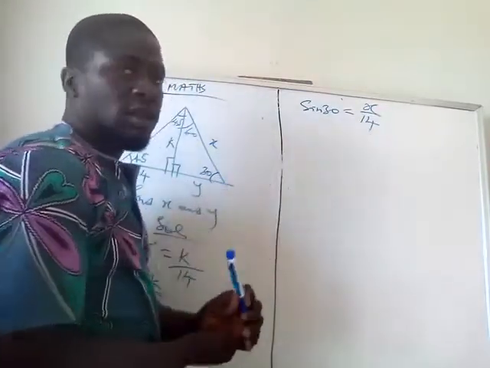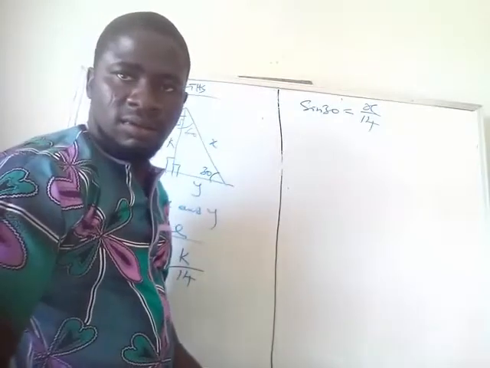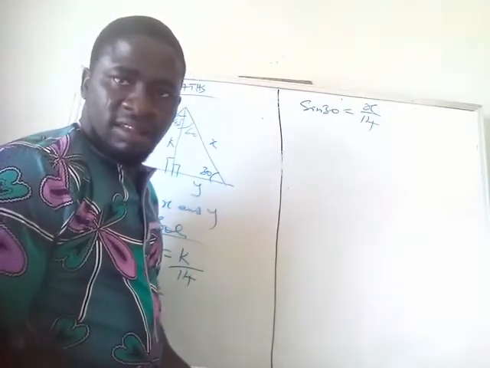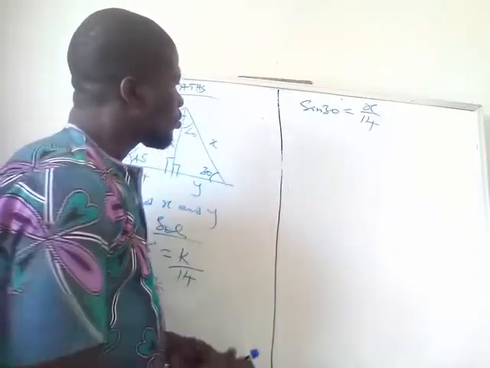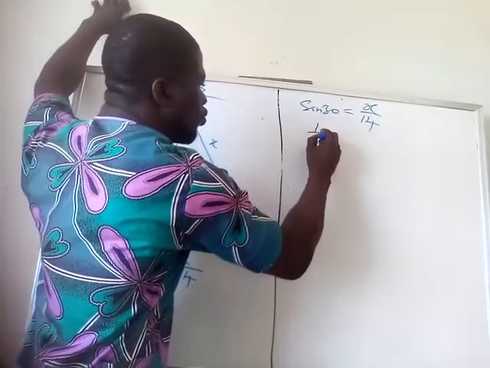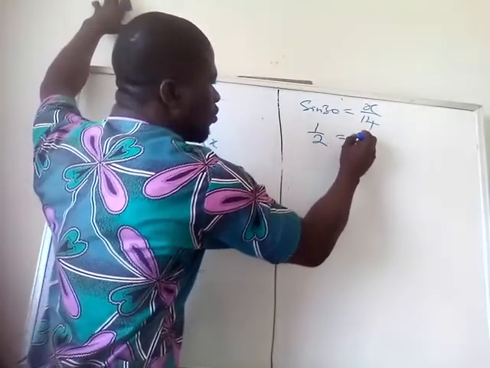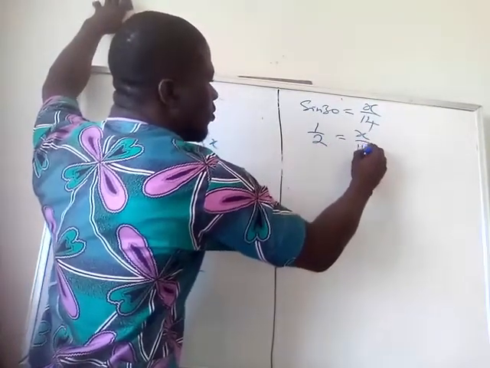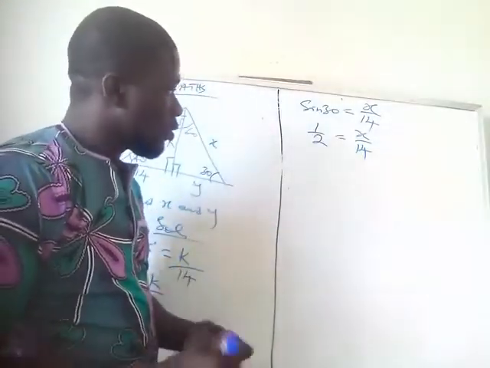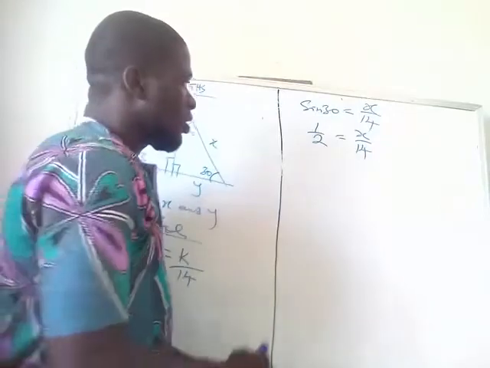X over 14. What is sin 30? Sin 30 is 1 over 2. So we have 1 over 2 is equal to x over 14. Then we cross multiply.